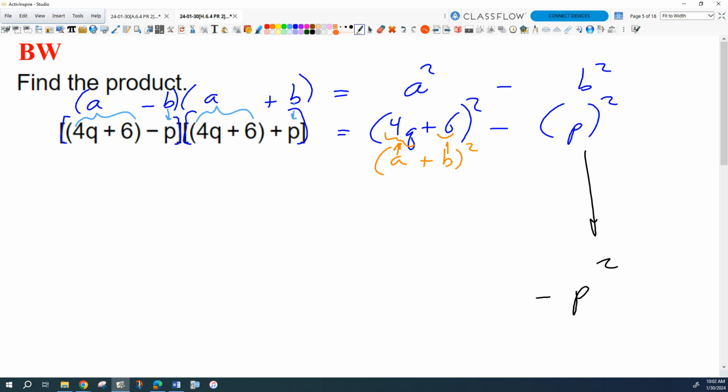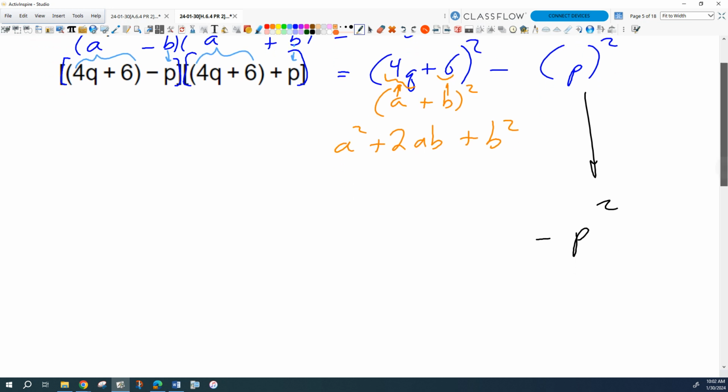Well, what is that pattern? What is A plus B quantity squared going to give us? A squared plus 2AB plus B squared. That's what this whole thing gives us. We can replace the A plus B quantity squared with an A squared plus 2AB plus B squared.